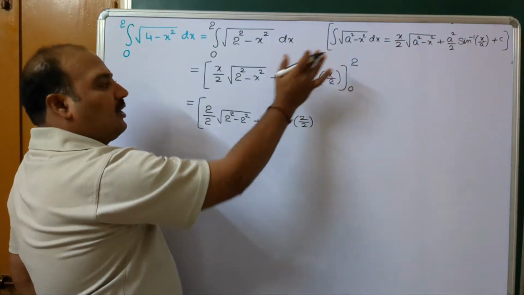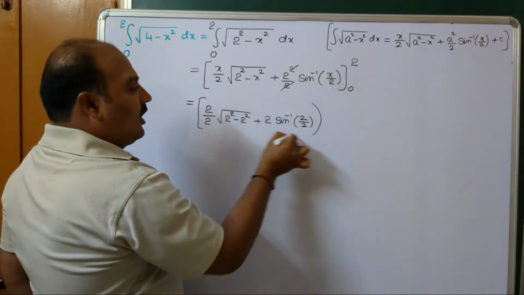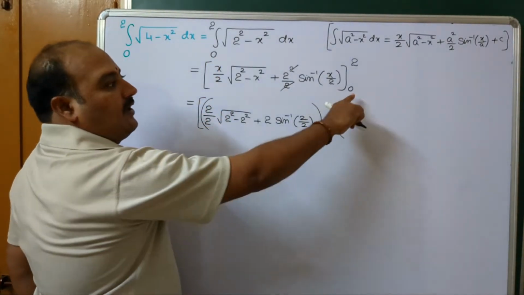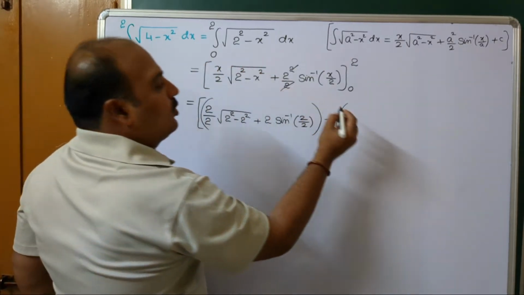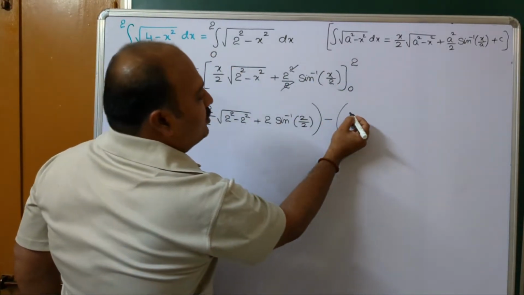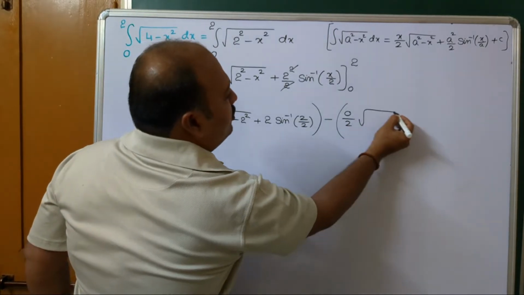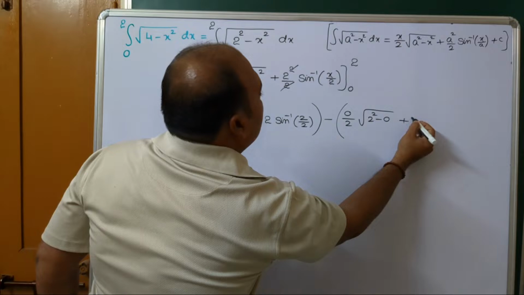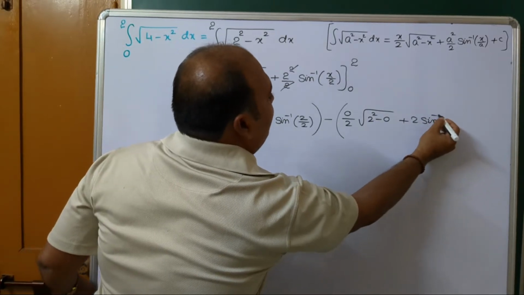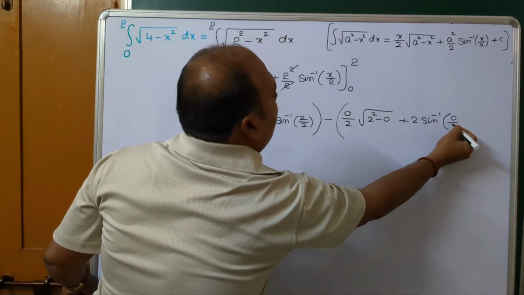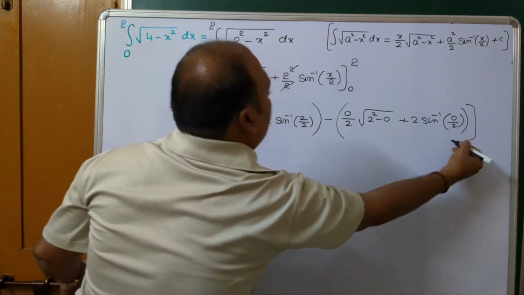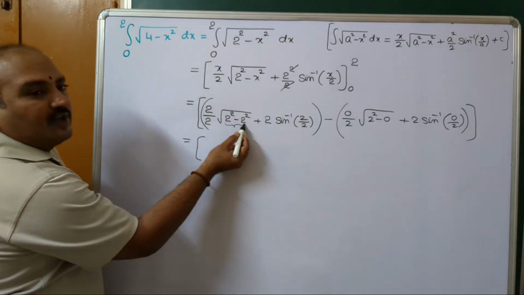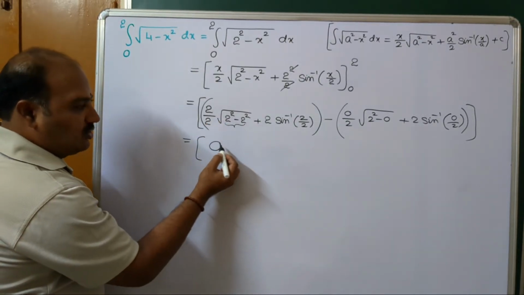So the upper limit is completed. Keep small bracket. Minus, keep bracket. Wherever x is there, replace with 0. So x is equal to 0. 0 by 2 into square root of 2 square minus 0, plus 2 into sine inverse of 0 by 2. So which is equal to 2 square minus 2 square. 0 into anything is 0. So this value goes to be 0.